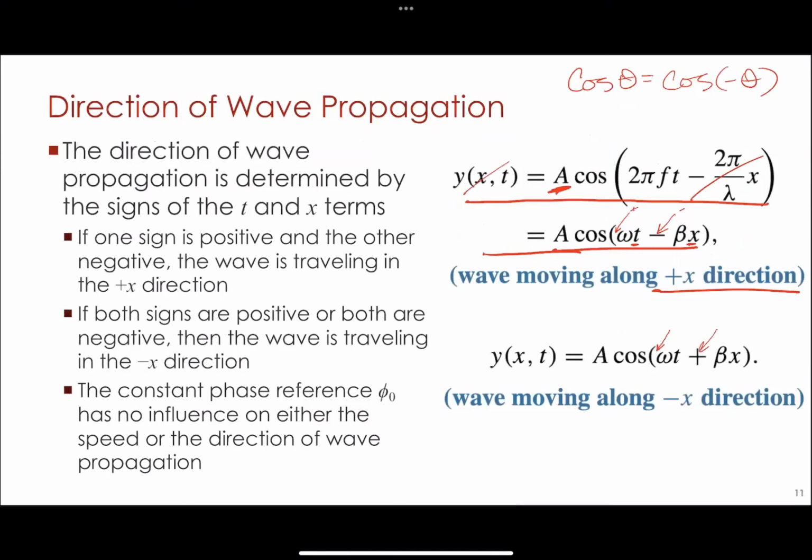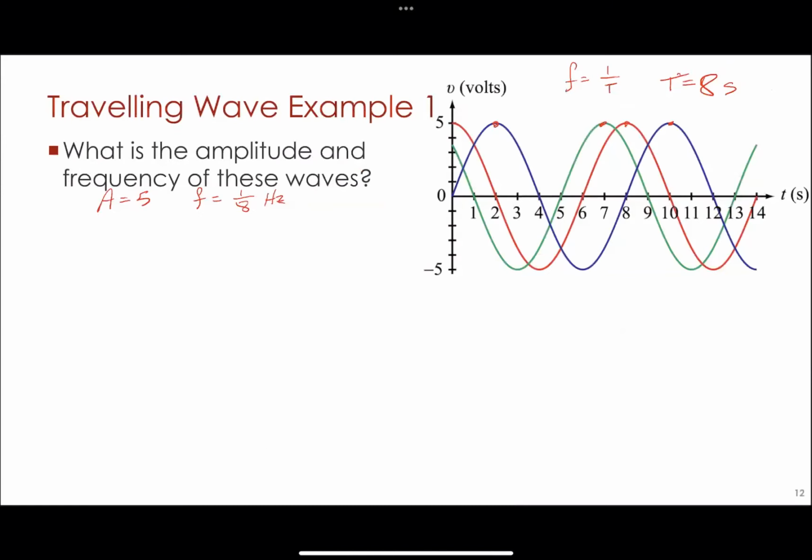We'll do an example with the whole thing afterward. So we are volts in terms of time. We want to come up with an equation for the red wave. It's going to be volts at a particular time t. So try to come up with this expression for what the voltage is at time t.